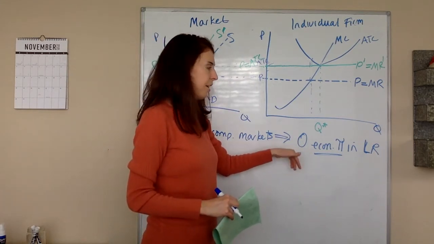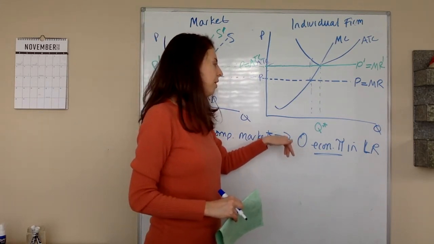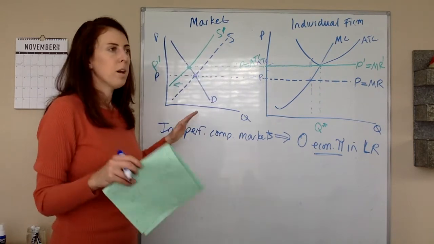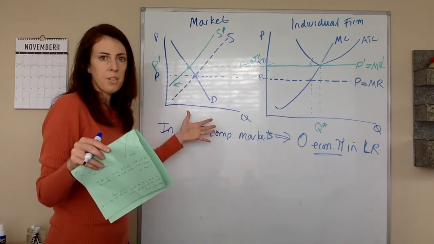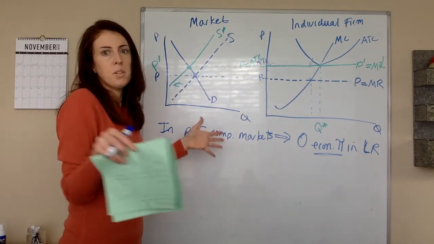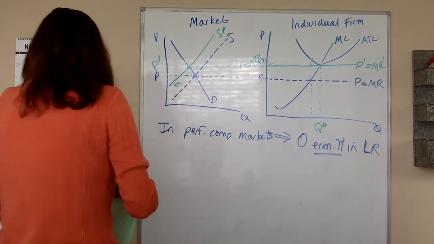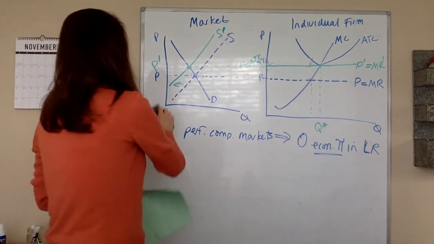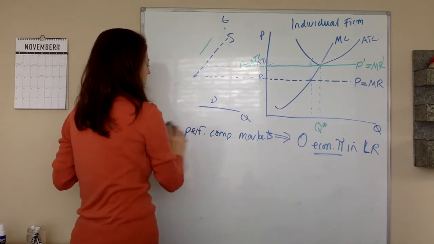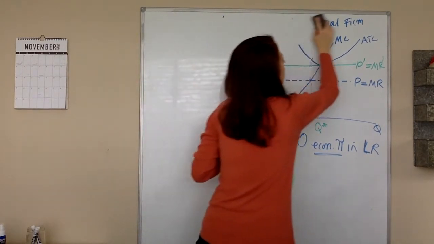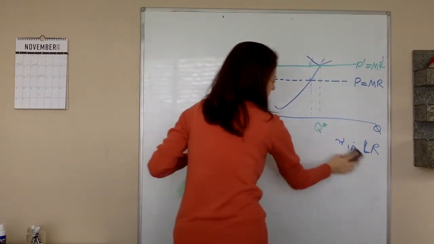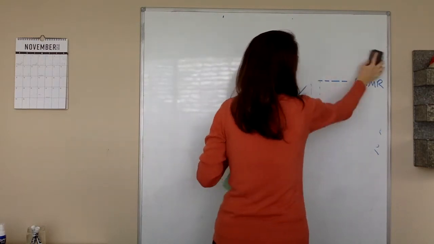So in the long run, in perfectly competitive markets, whatever overall economic profit there was, whether it's positive or negative, it's always going to converge down to zero. Okay, so let me write out just a couple notes so that you can make sure that this is in your notebook while you're studying, and then we'll break.